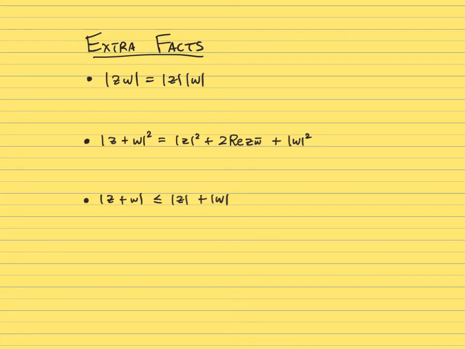The last thing I want to mention in our brief review of complex numbers is just a few additional facts which don't fit in under the last slide of comparing R2 and C. So the first thing I want to mention is that taking modulus is actually multiplicative, and this follows because conjugation is multiplicative.